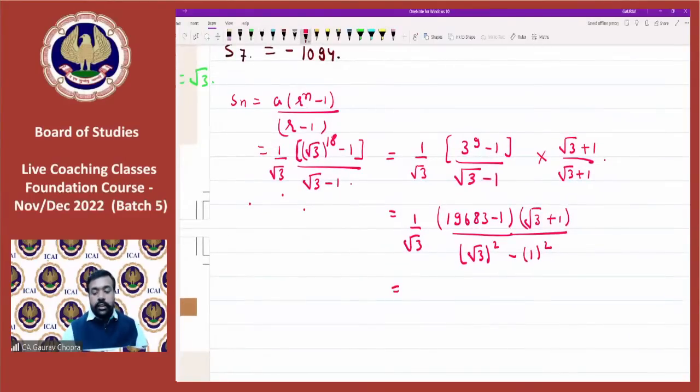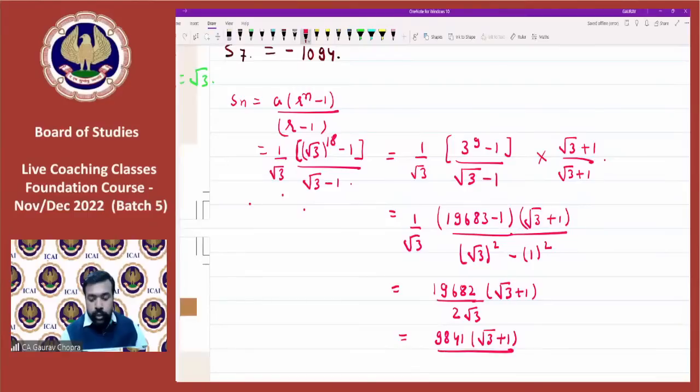So what will be the result? 19682 divided by 2, and then we can write root 3 and here root 3 plus 1. We can do some cancellations, and after cancellation we will get 9841 root 3 plus 1 upon root.